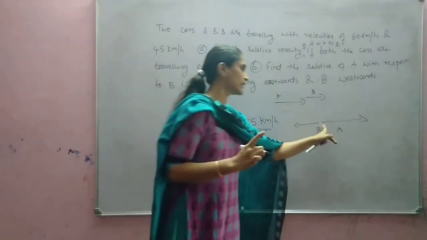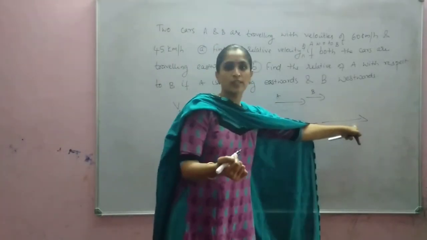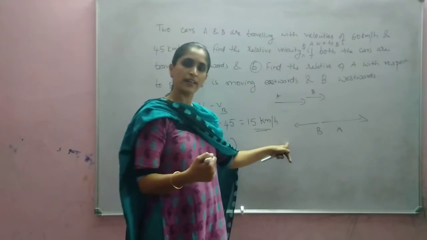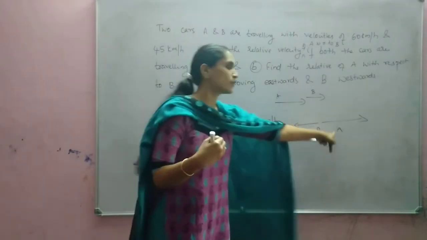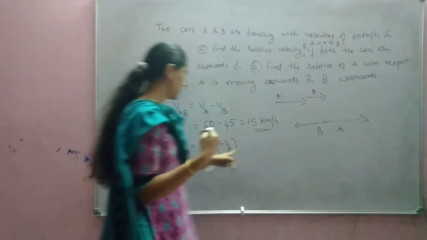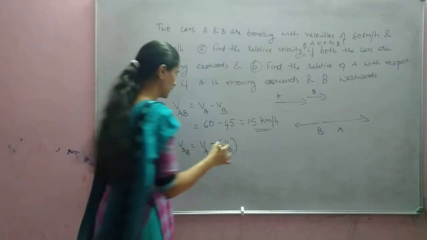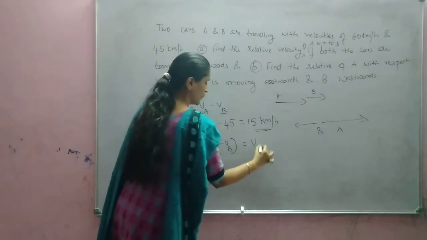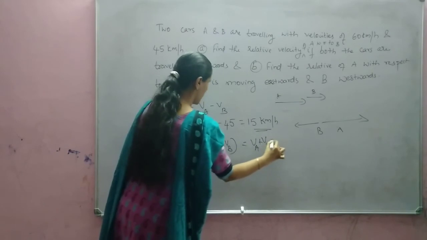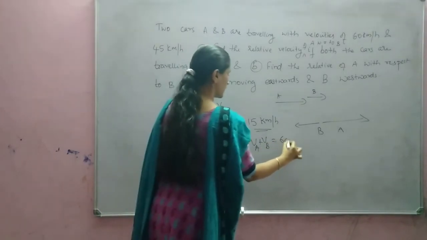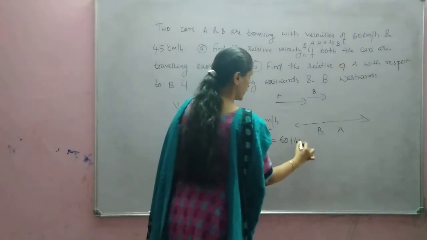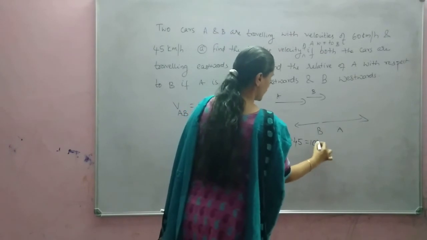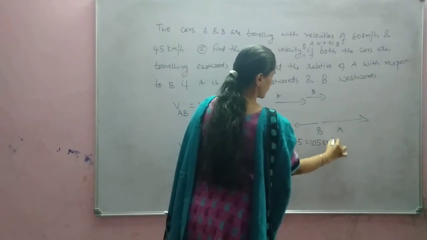Because this direction we are taking as positive, and the second car is moving in the opposite direction of the first car. So VB we have to take as minus VB. So VA minus VB, or we can write it as VA plus VB, that is equal to 60 plus 45, which is equal to 105 kilometer per hour.